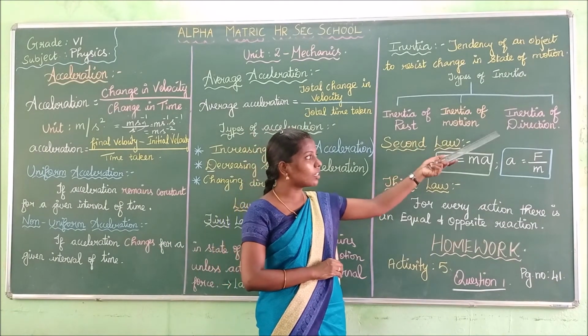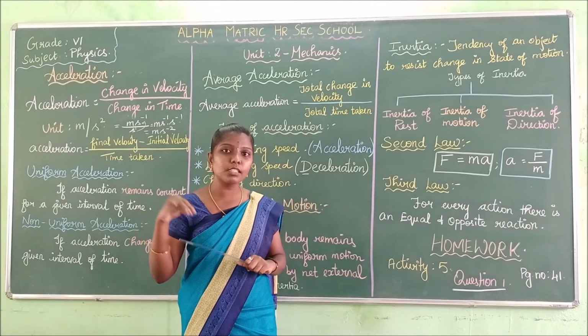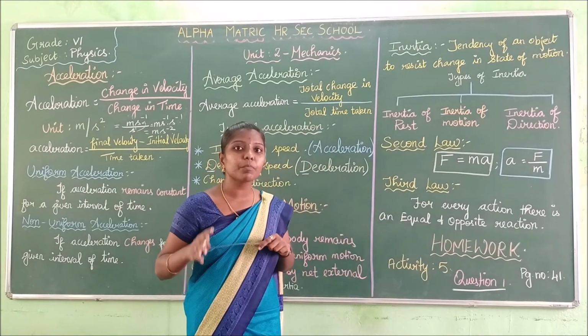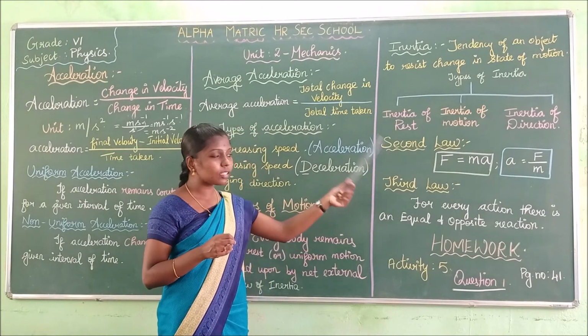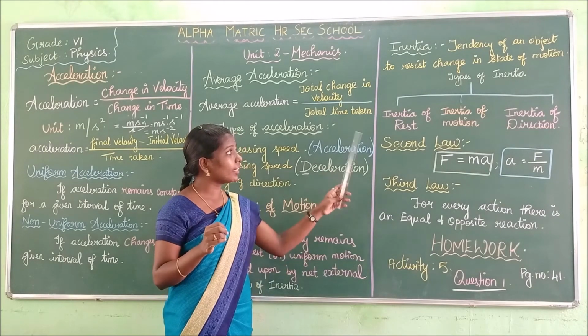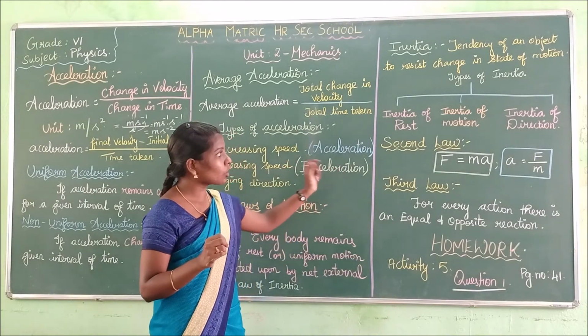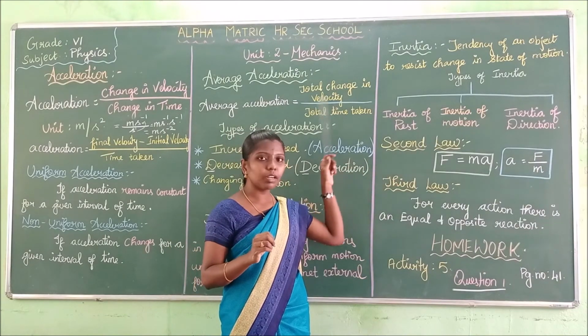The same way, inertia of direction is nothing but if a body does not change its direction unless an external force acts on it, it is called inertia of direction. So here, there are three types of inertia: inertia of rest, inertia of motion, and inertia of direction.